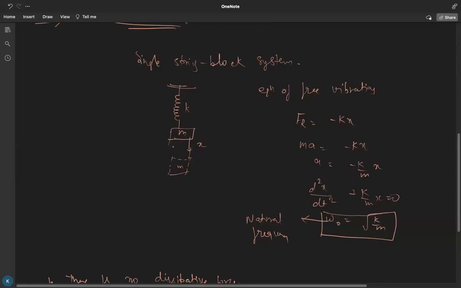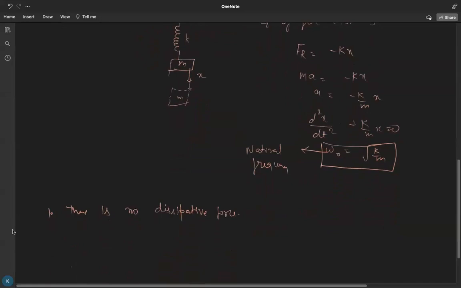There is no external force acting on the single spring block system that affects the oscillatory motion done by the mass m. So there is no dissipative force. If there is no dissipative force, or no external force acting on the system which affects the oscillatory motion, that's the second conclusion we can draw; these are actually conclusions.